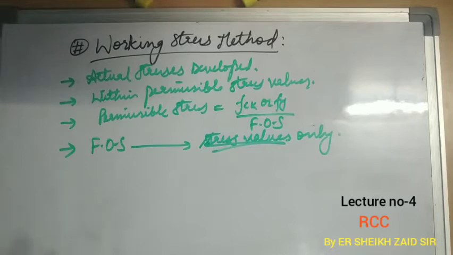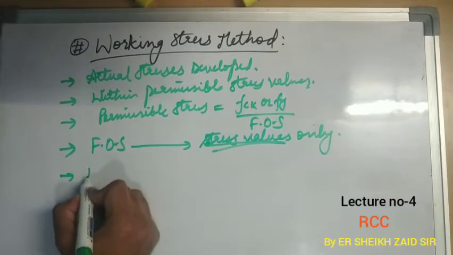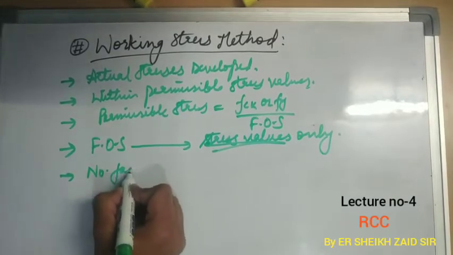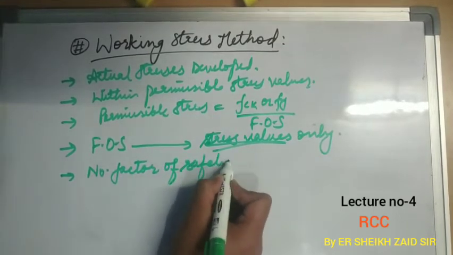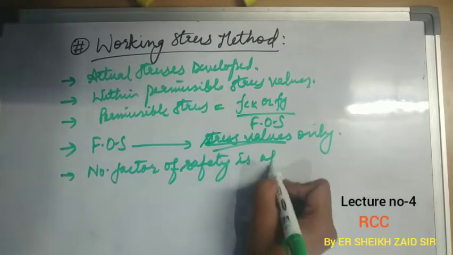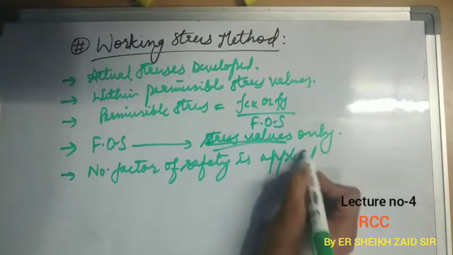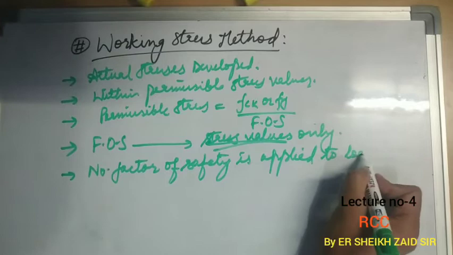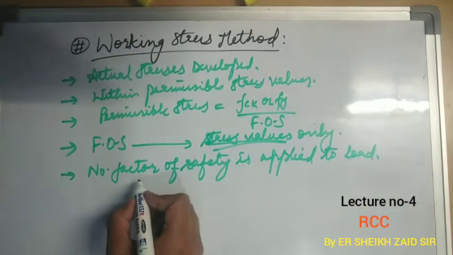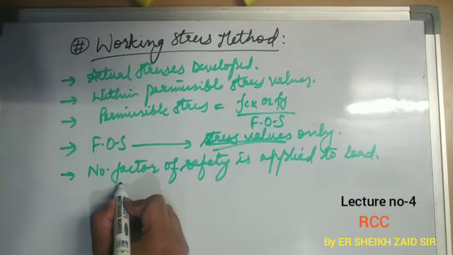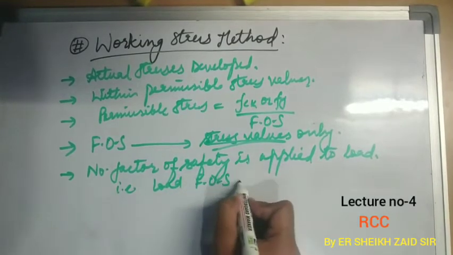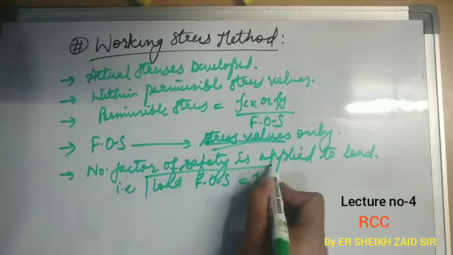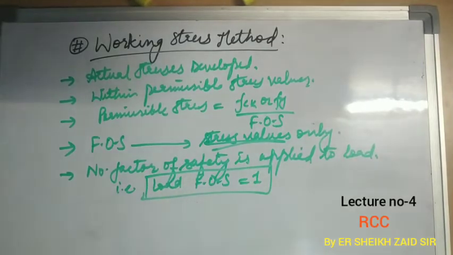So no factor of safety is applied to load. That means our load factor of safety is simply taken as 1. So these were some of the important points for working stress method.